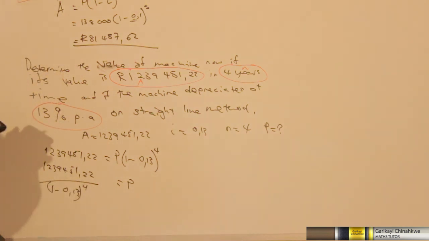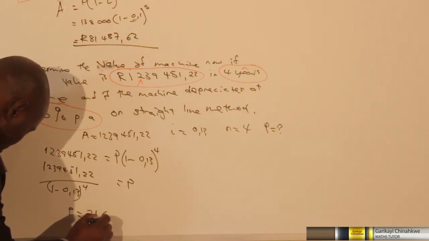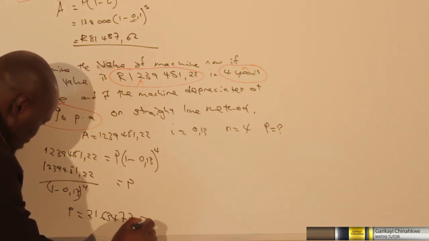I'm just going to use this calculator quickly. It's 1,239,451.22 divided by (1 - 0.13) all to the power of 4. So P is equal to 2,163,477.63.